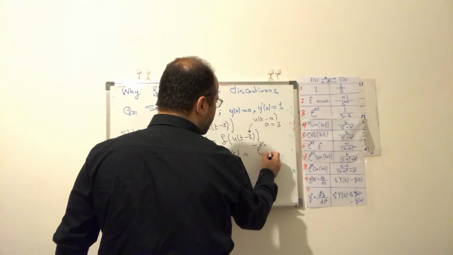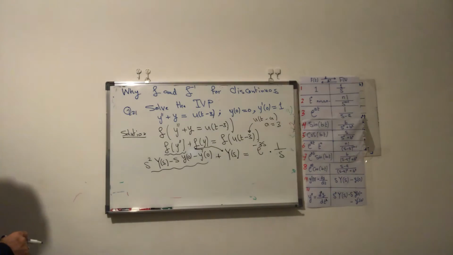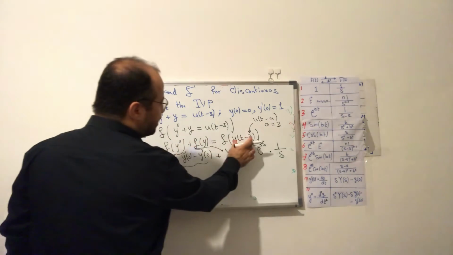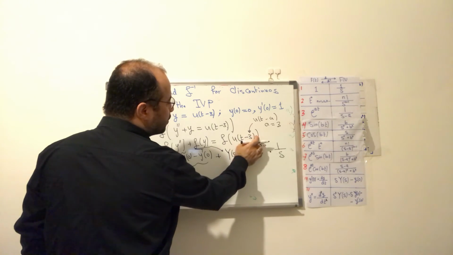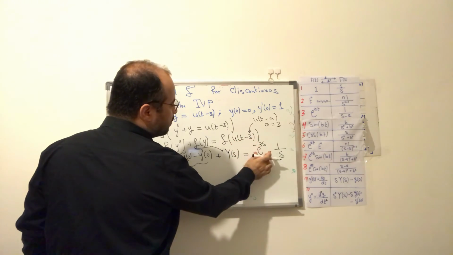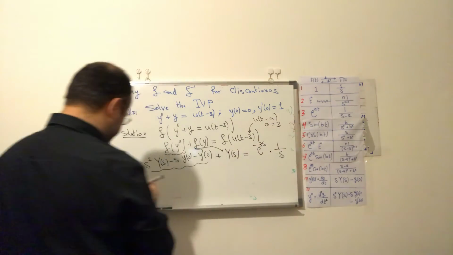And then multiplied by 1 over s. Remember that this thing is like the Heaviside multiplied by the function 1. And when you have a Heaviside, you have that thing. And when you have the number 1, then you have 1 over s.